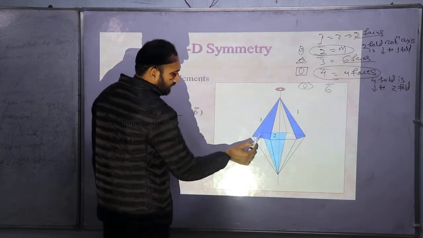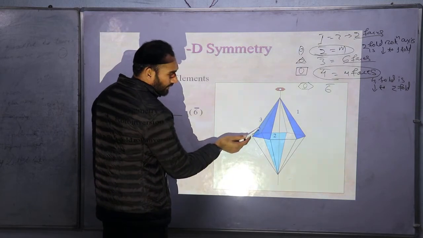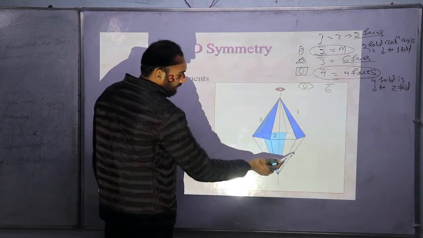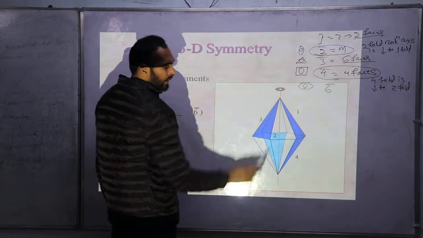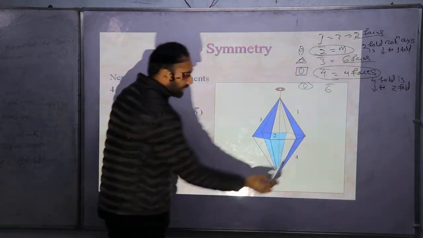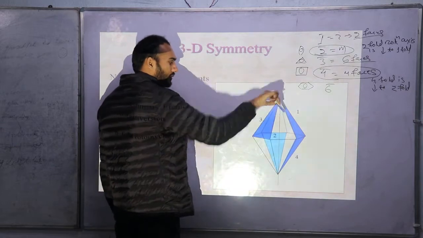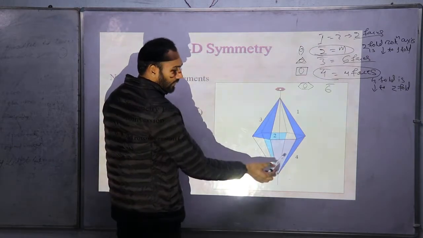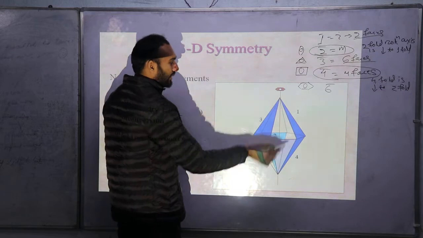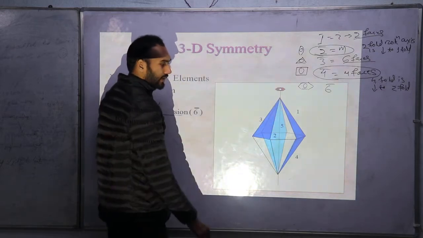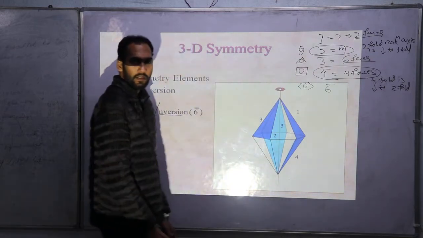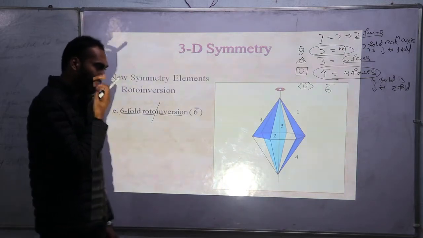It will rotate to this one, and that will invert to this one, inverted back here. Then the fourth one will rotate to here, front, then inverted back to here. That is the fifth phase. Okay.